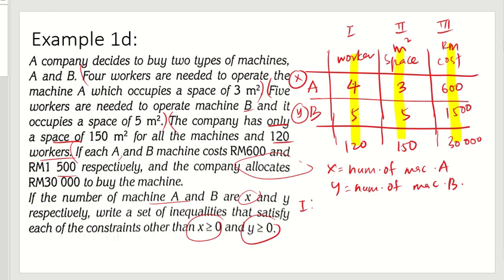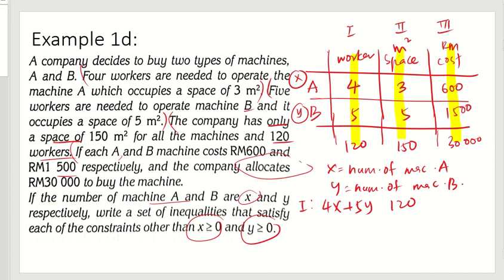For machine A, we need 4 workers, so it's 4x. Then for machine B, we need 5 workers, so 5y. The total is 120. Can it be more than 120 or not?